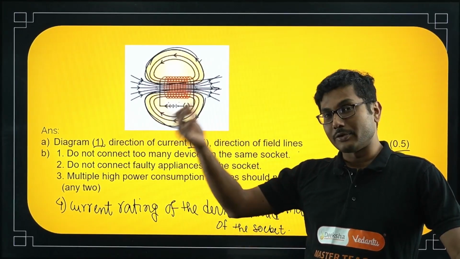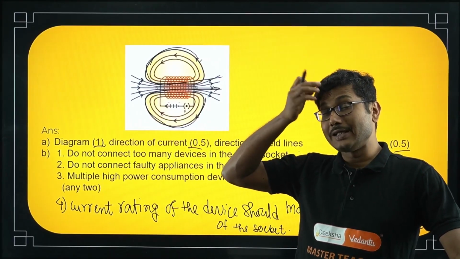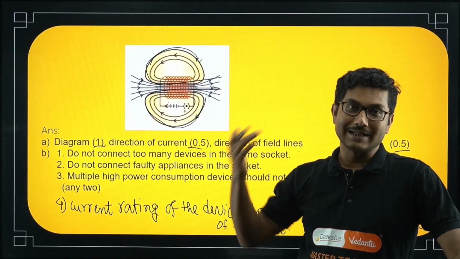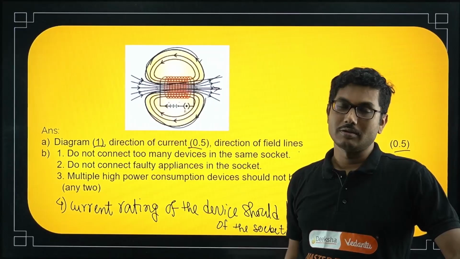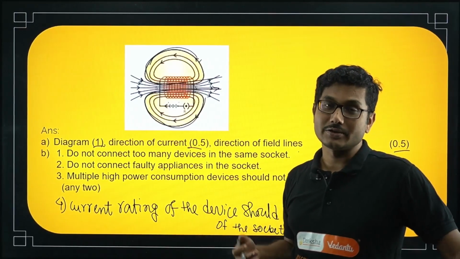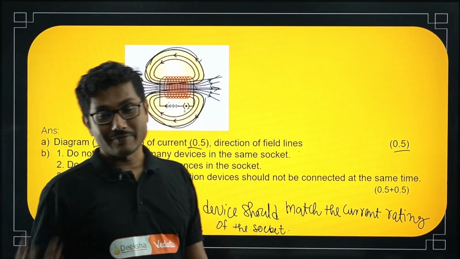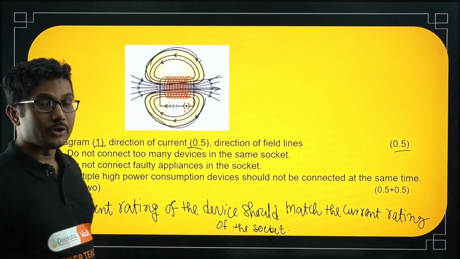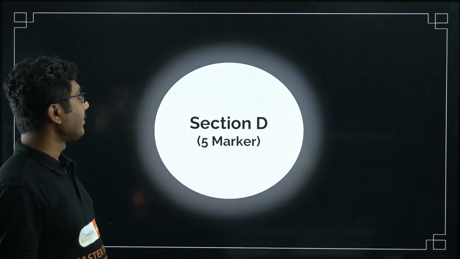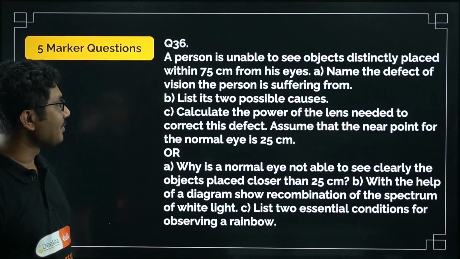If the socket rating is higher and your device rating is lower, that is perfectly okay. But if your device rating is higher and your socket rating is lower, that will not work. There will be a high chance of burning. This is a very common mistake many people make even with household appliances, so do try to avoid that, right?